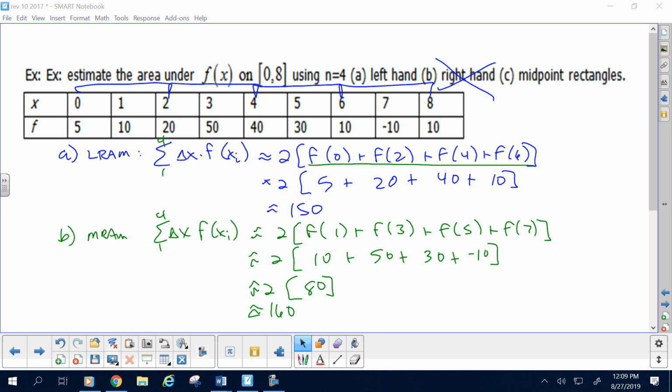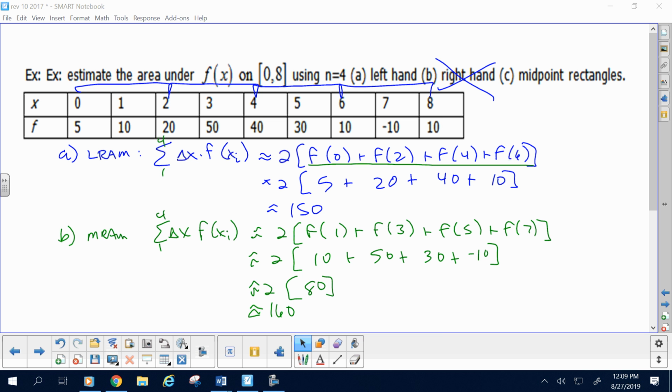Go back here. Did you get 160 or still working? 160. Cool. Question for you. When will left-hand rectangles underestimate? When the curve is, okay, it's not increasing or decreasing. So left hand will underestimate when it's increasing or decreasing.